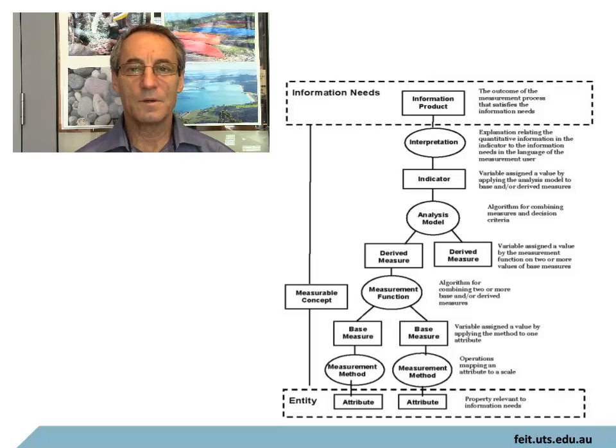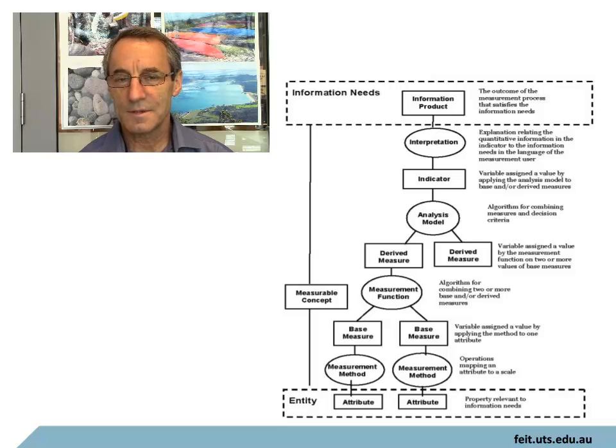Ultimately, it's the combination of these things that finishes up with an analysis model. So you've got a model for your analysis that gives you some indicator, which is then interpreted to give you an information product.